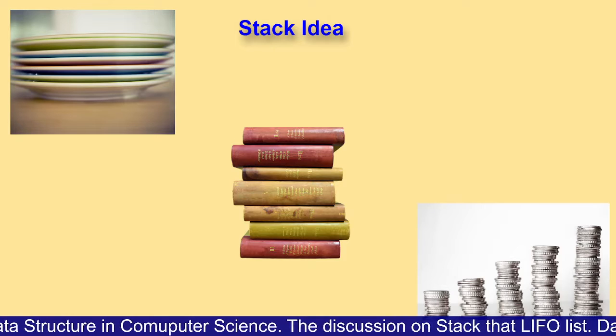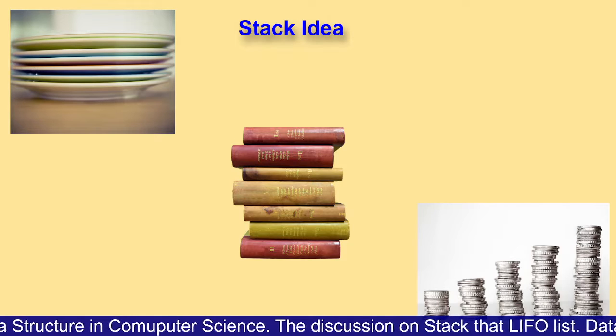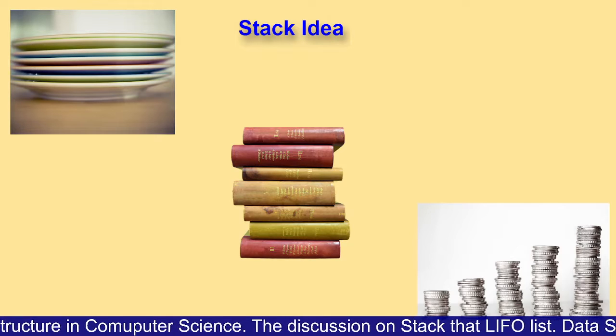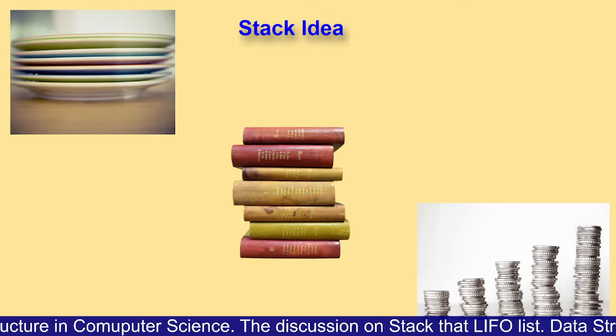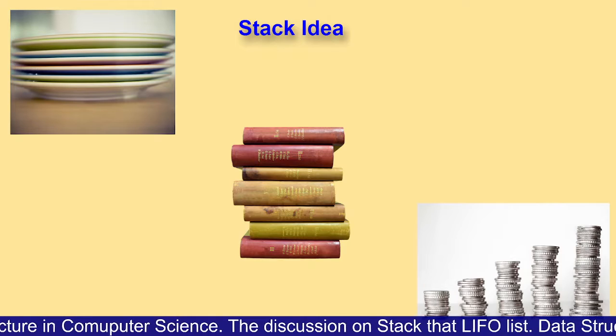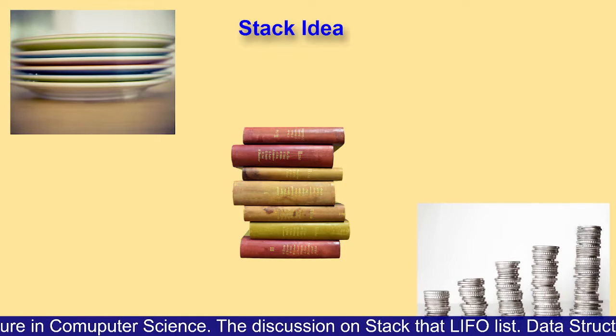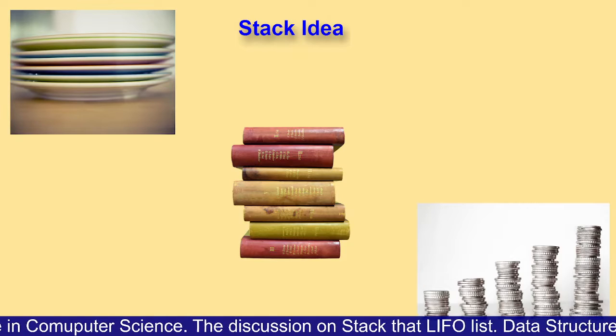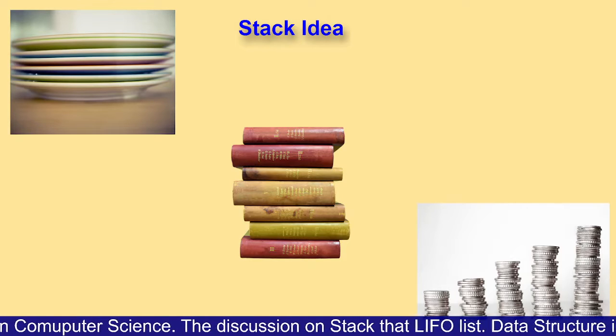Similarly, when you go to the library and pick a book from the almirah and put it on the table, if no book is on the table, then the picked up book will be the first book of the stack, the first element of the stack.